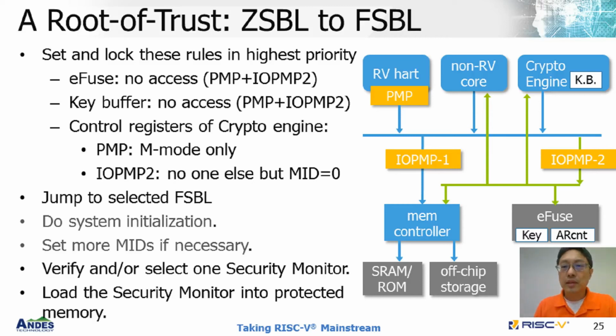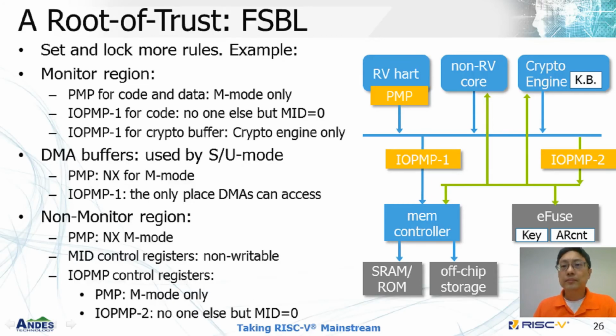FSBL first does more initialization and sets more MIDs for the masters and devices that didn't participate in the security boot. FSBL can now verify, select, and load the security monitor into on-chip memory. Before entering the security monitor, we should do a series of settings to make all checkers regulated.